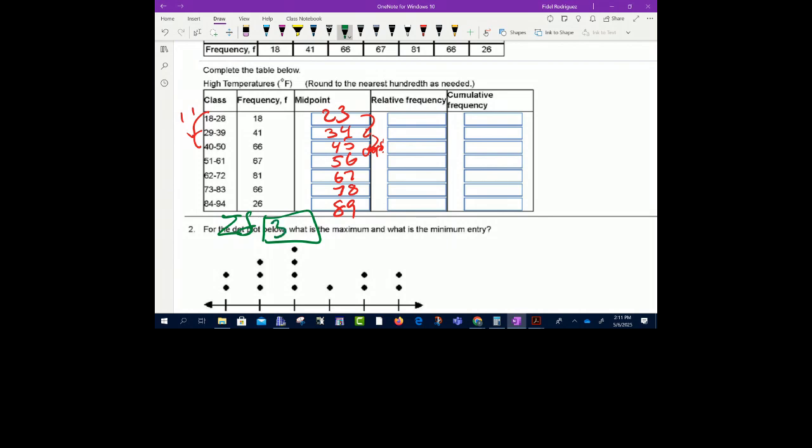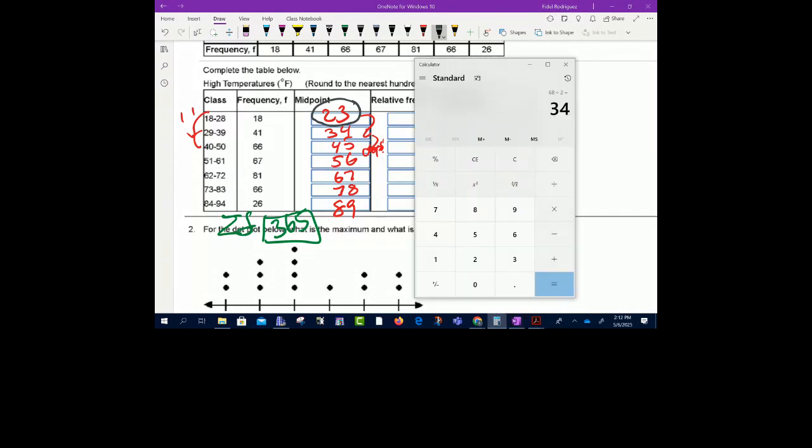Awesome. Very good. 365. Okay, now let's figure out the relative frequency.